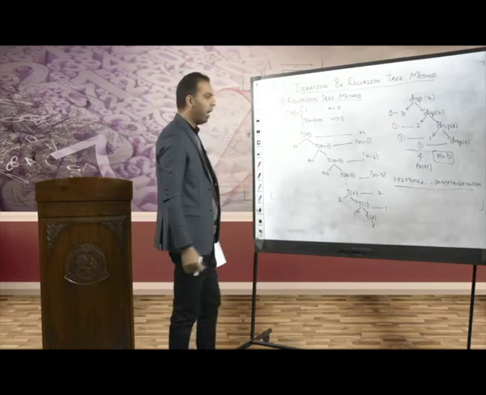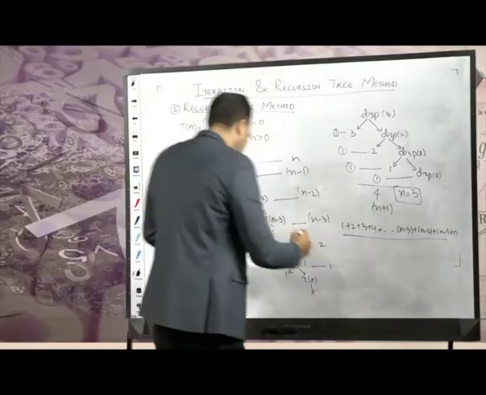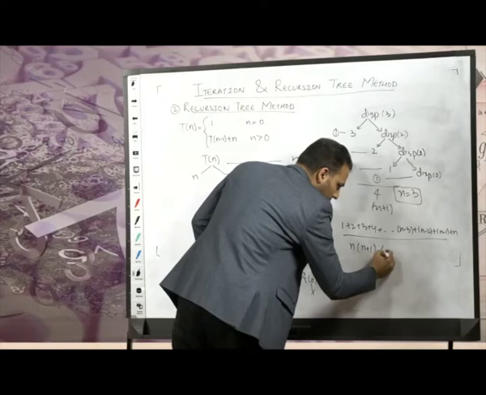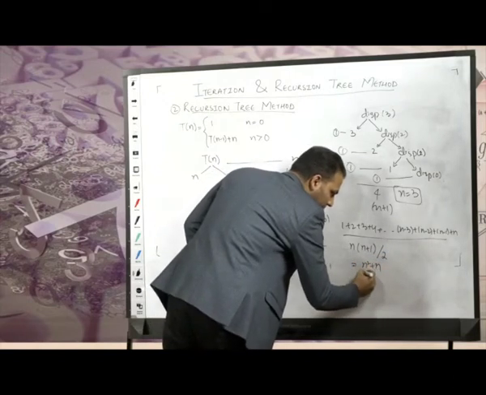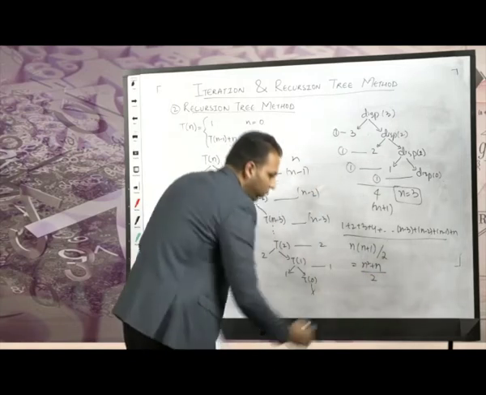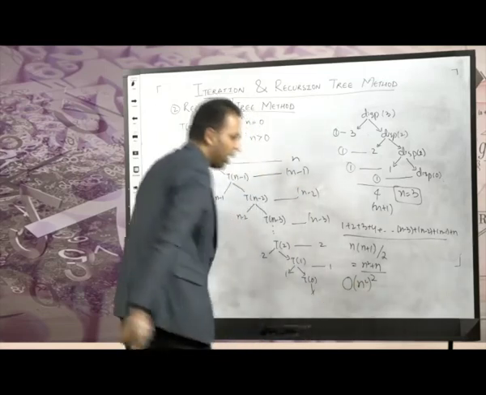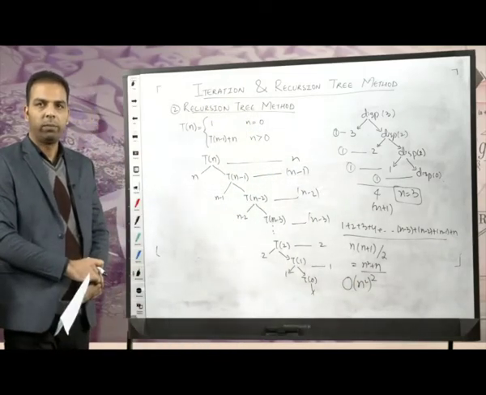It will be n into n plus 1 divided by 2. So it will be n square plus n divided by 2. So if we take the upper order, that is big O, it is n square. Fine.